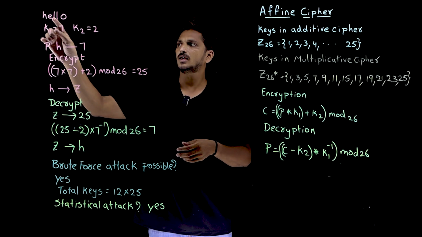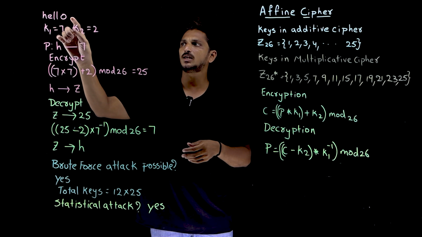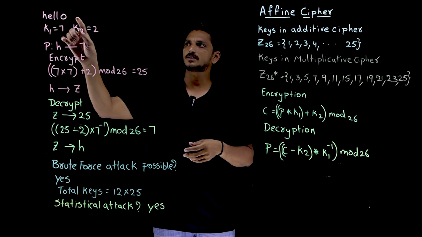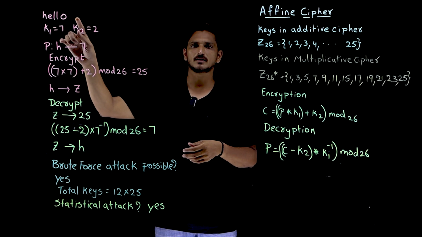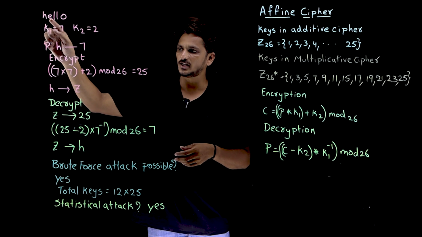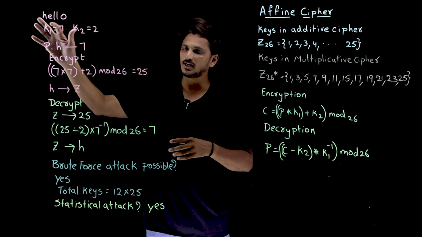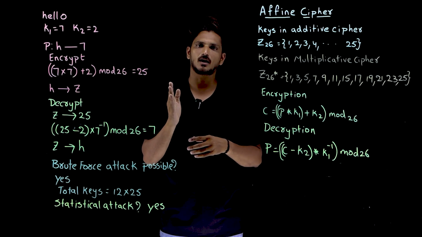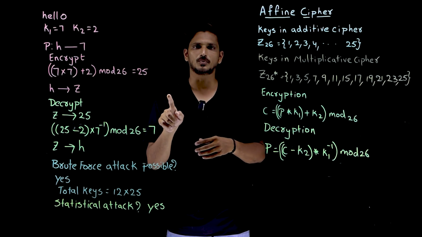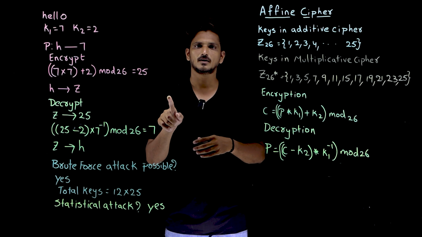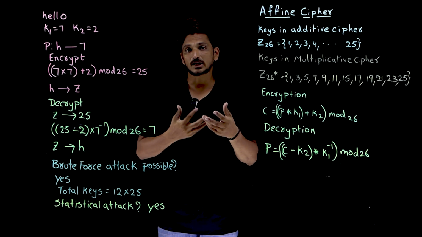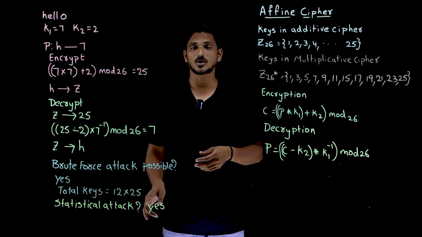Suppose you have E, here E is there, and the second time E is there, so you are going to get the same output. If you convert E, suppose you get K as the output, for the second E also you are going to get K as the output. So frequency is not changing. That's why statistical attack is also possible.